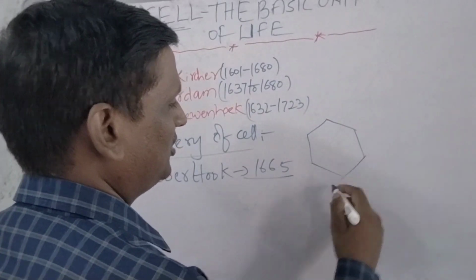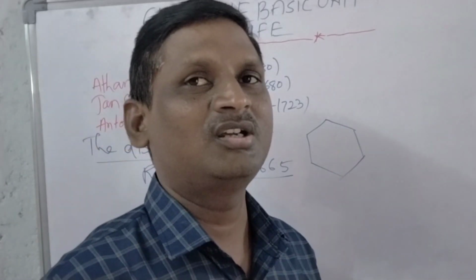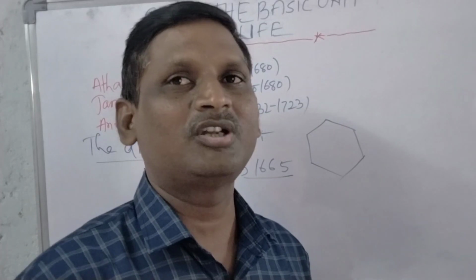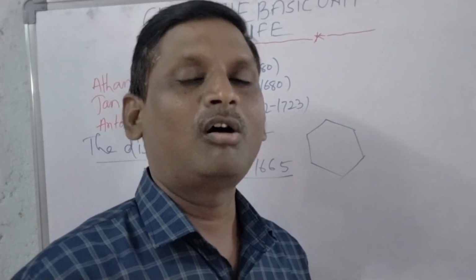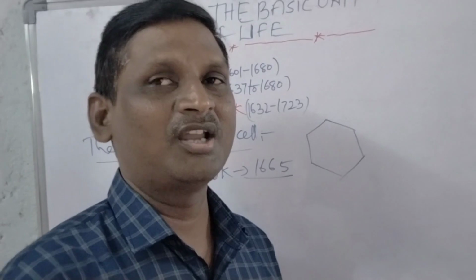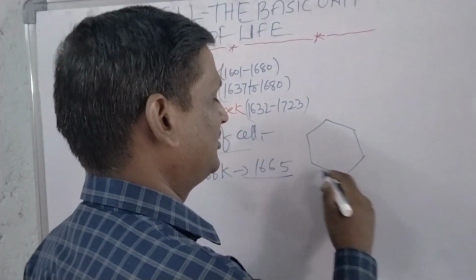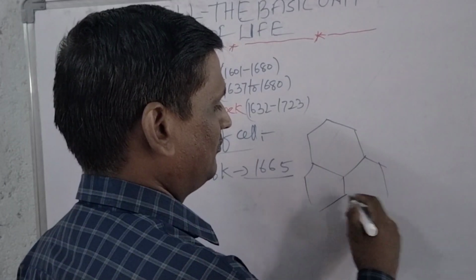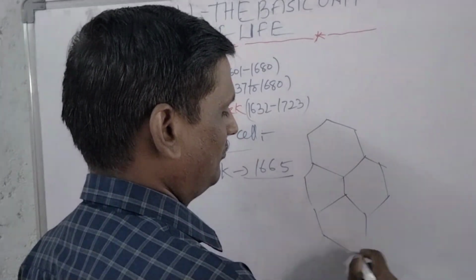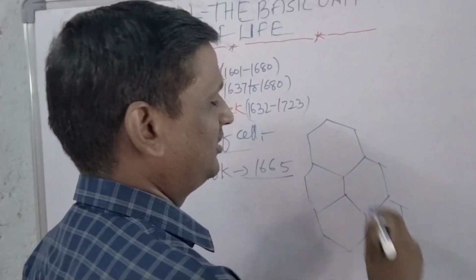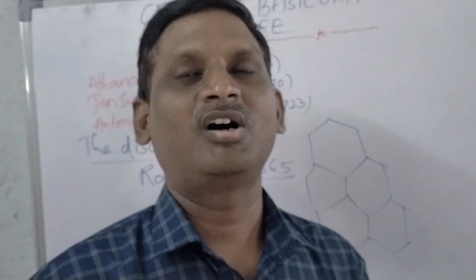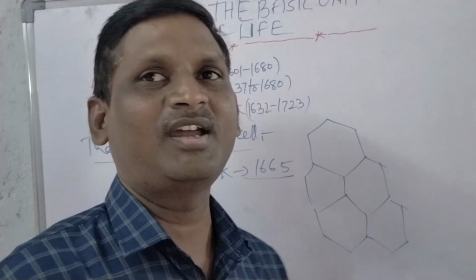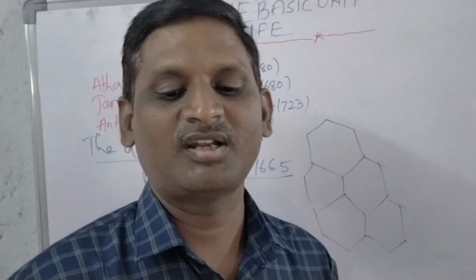The bark resembles a honeycomb-like structure. In a honeycomb we can see different types of cells like this. This type of cell he had seen in the bark of the oak tree plant, several small rooms.